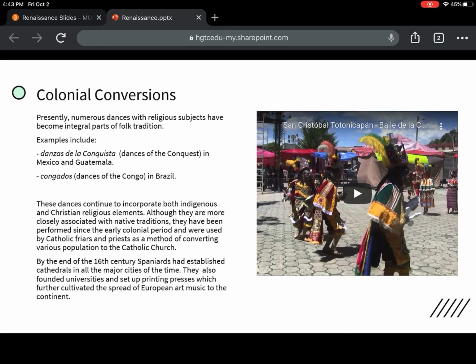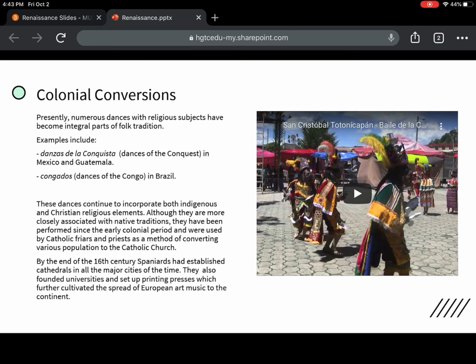So presently, numerous dances with religious subjects have become integral parts of folk tradition. And again, these are the blending of the native traditions that were already there and the traditions of the conquering people who came. The danzas de la conquista in Mexico and Guatemala, and the congados in Brazil, the dances of the Congo.